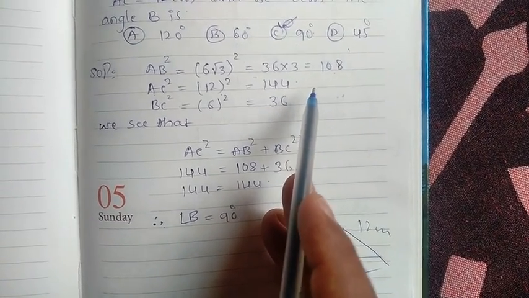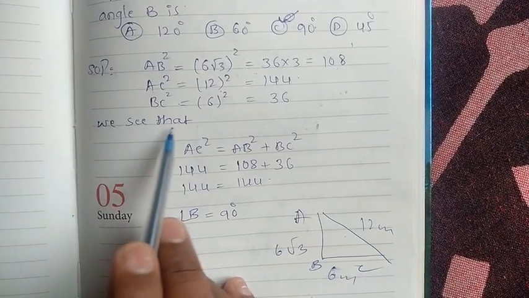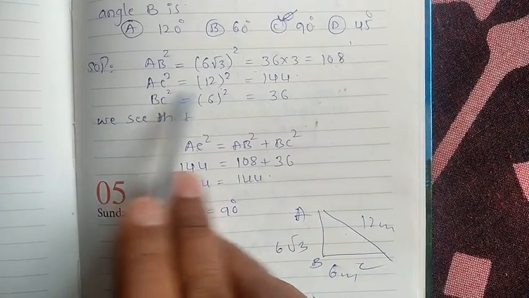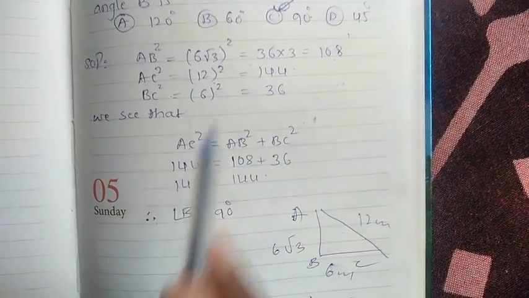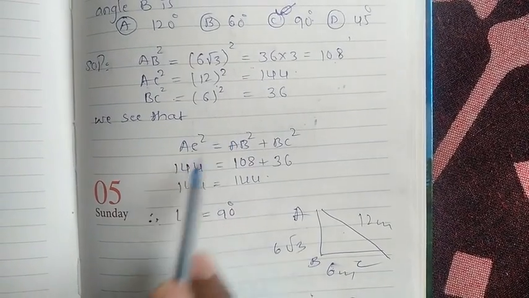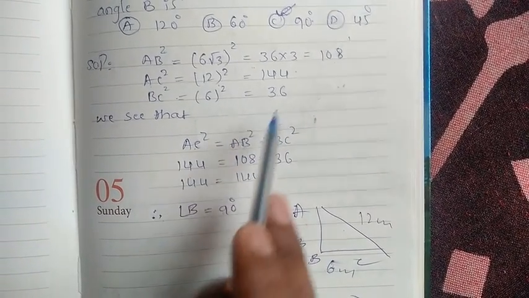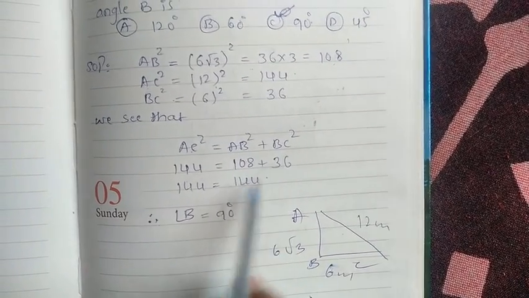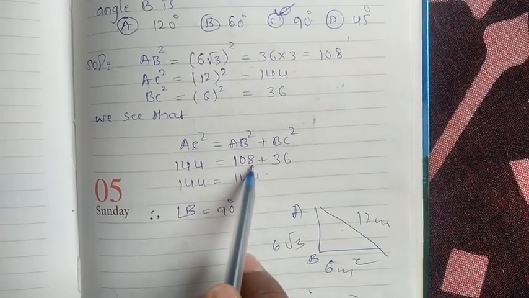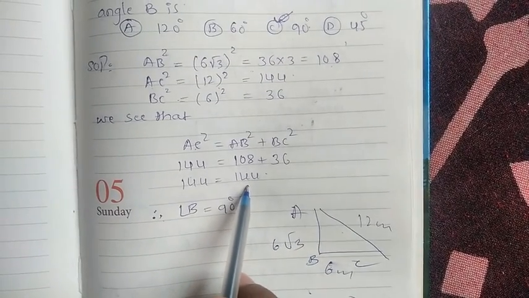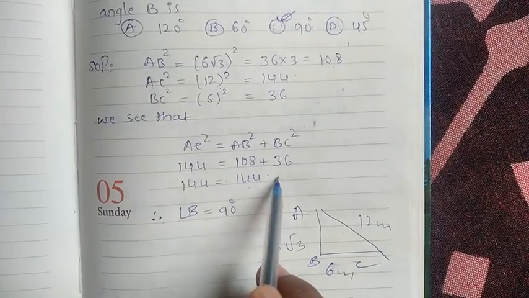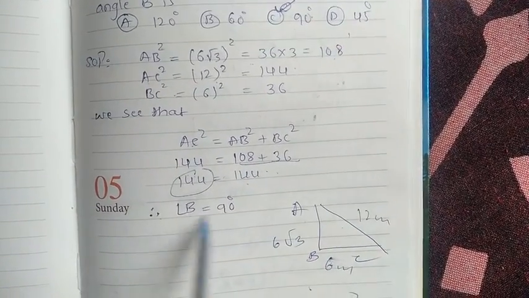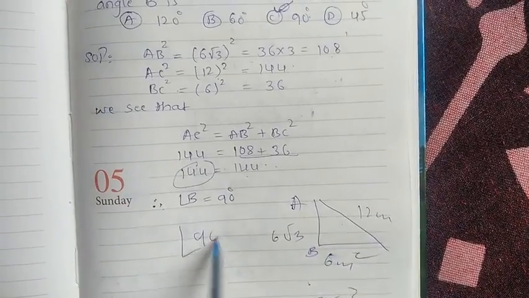We can see that AC square is equal to AB square plus BC square, because AC is the largest side among these three measurements. So 144 is equal to 108 plus 36, which is 144. So LHS is equal to RHS, meaning the hypotenuse square is equal to the sum of the squares of the other two sides. So you can say that angle B is 90 degrees.